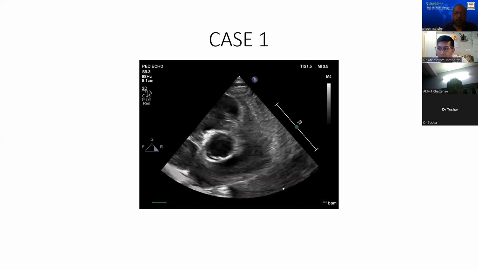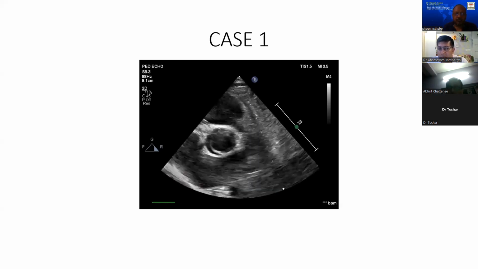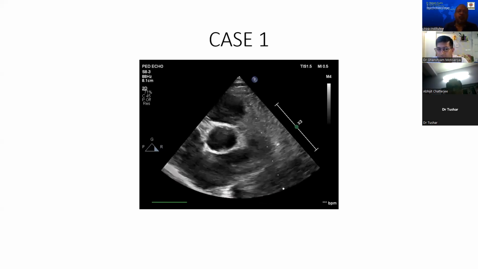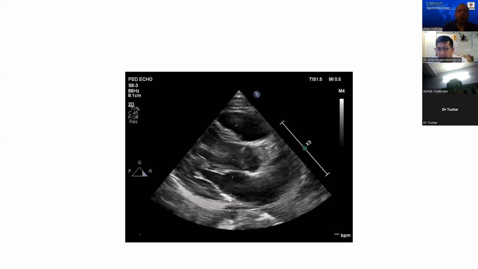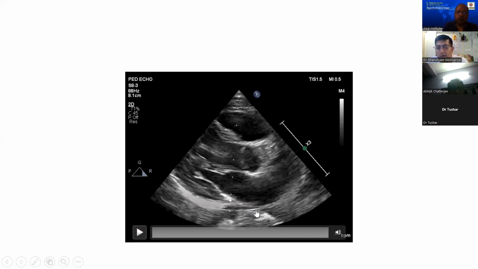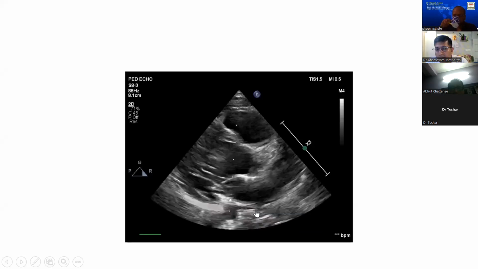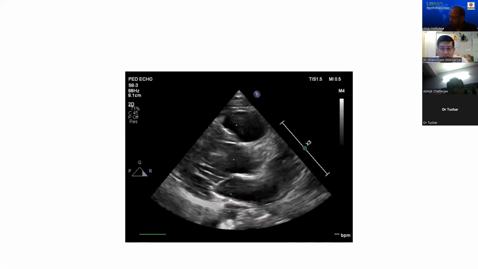So what kind of problems do these patients come with? What do you find on echocardiography? I can't understand your question. All right. Can you repeat again? What do you see here? Same patient, a long axis view. Yes.